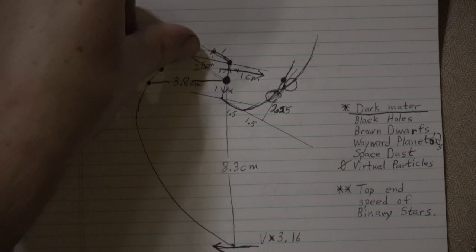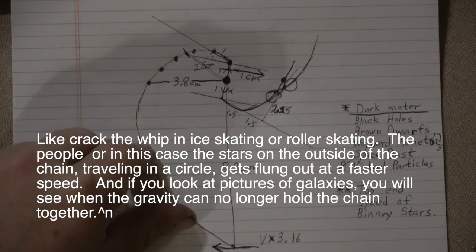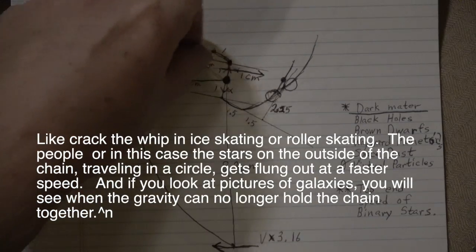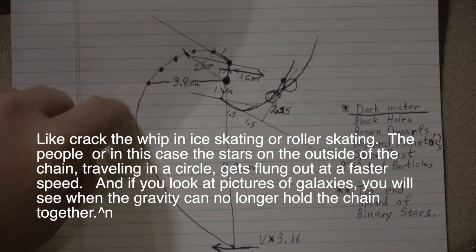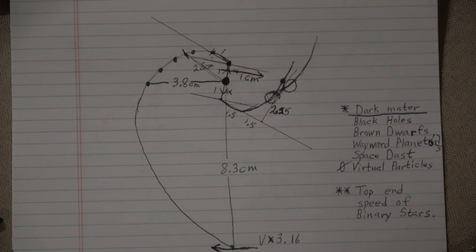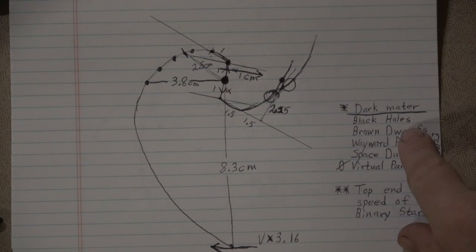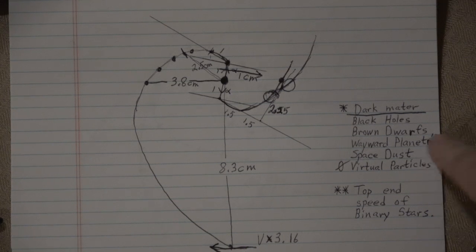And as it grows, it creates a big old long chain this direction. So you have most of the mass in these arms. And the things that make up the mass that a lot of people are trying to attribute to dark matter are black holes, brown dwarfs, wayward planets, planetoids, asteroids, space dust.